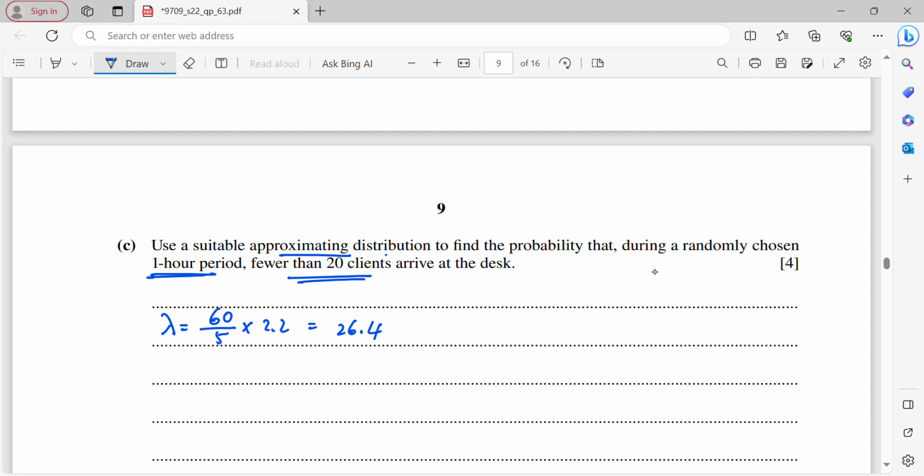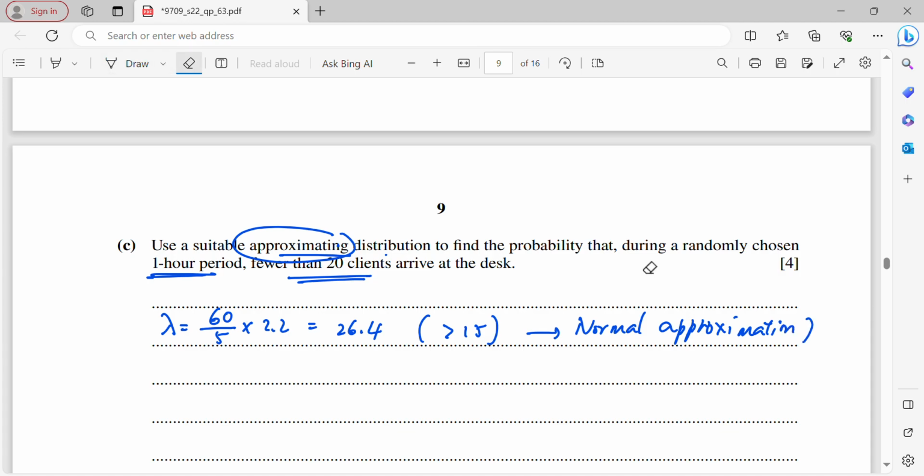Now, since this lambda is greater than 15, therefore you need to approximate. So we are going to approximate to normal. This is going to be normal approximation because it is greater than 15. Alright, so now for the normal distribution, let's say 1 hour is T. T is Poisson 26.4.